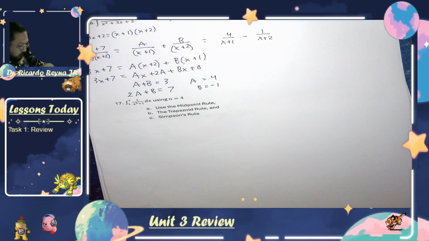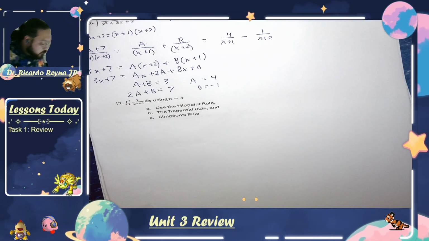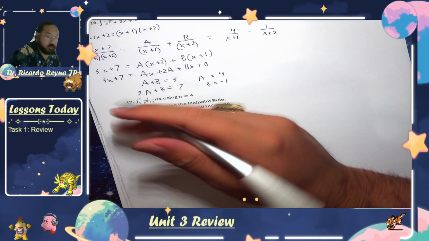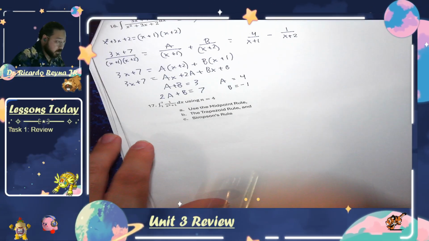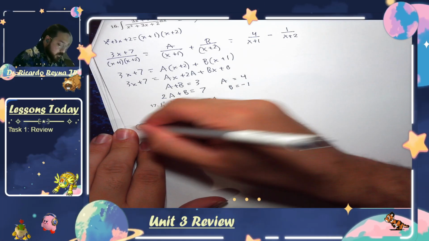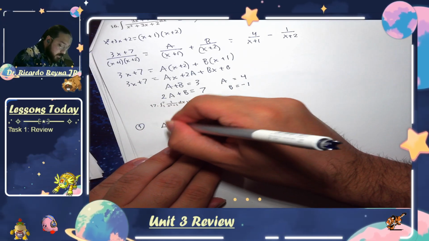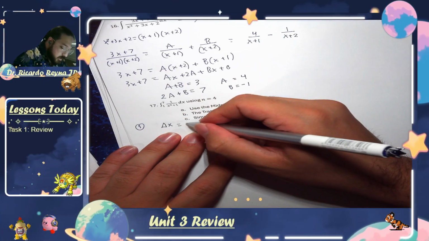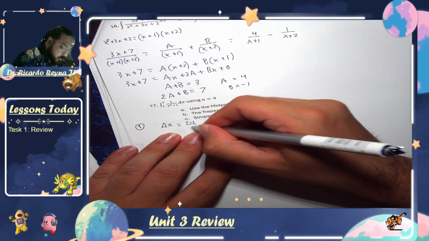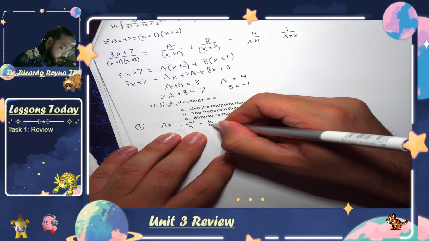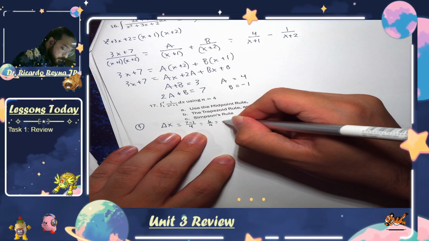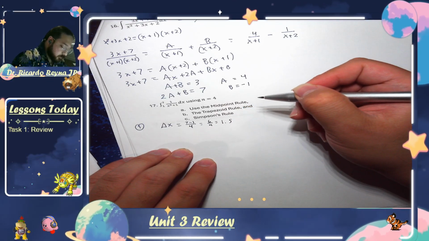Okay, so step one, so hopefully you have it handy. Step one is to figure out the change in x, which is just the ending point minus the starting point over the number of rectangles, 4. So it's 6 over 4, that's going to be 1.5.